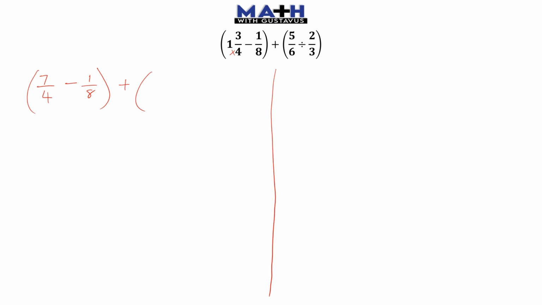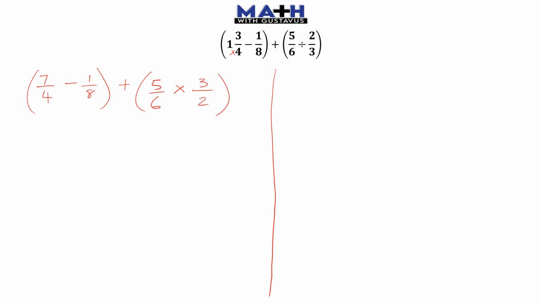Then for the second parentheses, it's a division problem. Since it's in the parentheses and we can work it independently, we can convert it to a multiplication problem from now. So that would be, keep the first fraction as is, 5 over 6, then change the division to multiplication. Afterwards we can reciprocate the second fraction, which will give us 3 over 2.